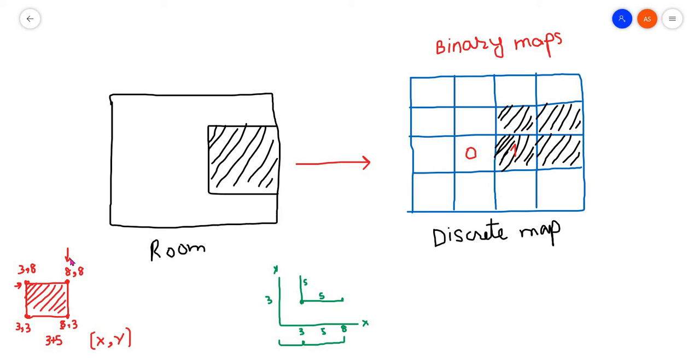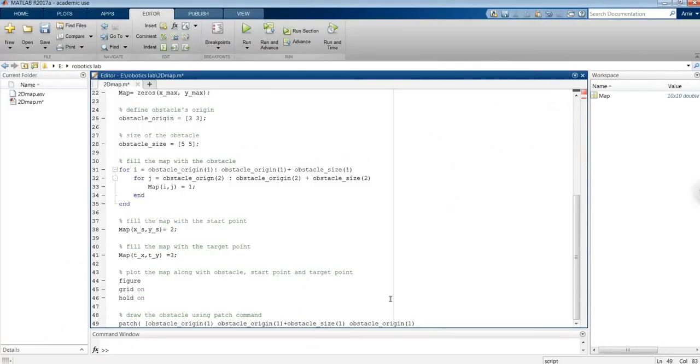So again it will be 3 plus 5, so it will be obstacle origin x coordinate plus obstacle size x coordinate.